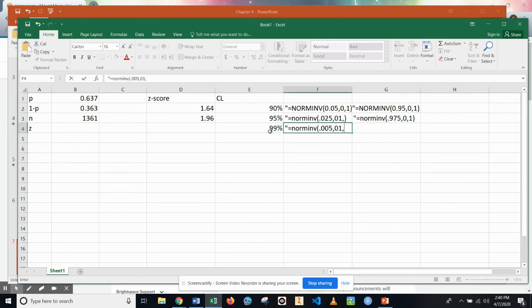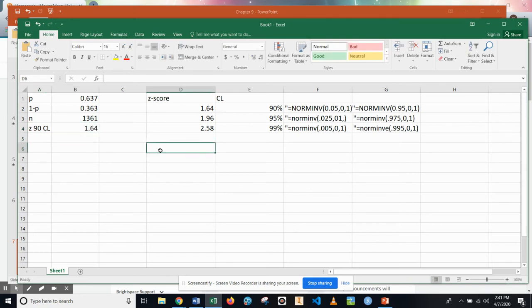Norm inverse 0.005, comma 0, comma 1, and norm inverse 0.995, comma 0, comma 1. That's like 2.58. So mine was a 90% confidence level, so I'm going to have a 1.64.